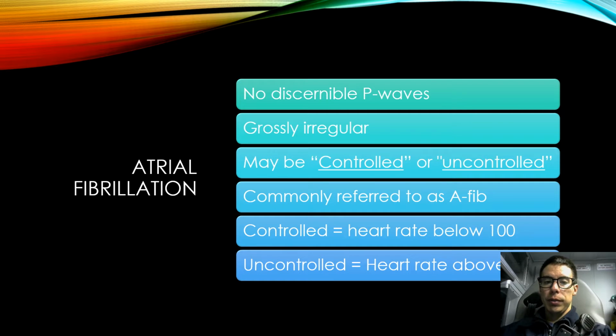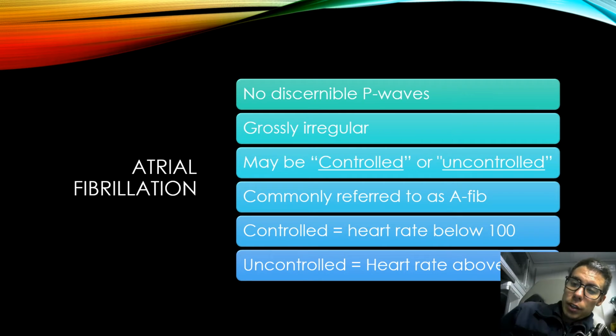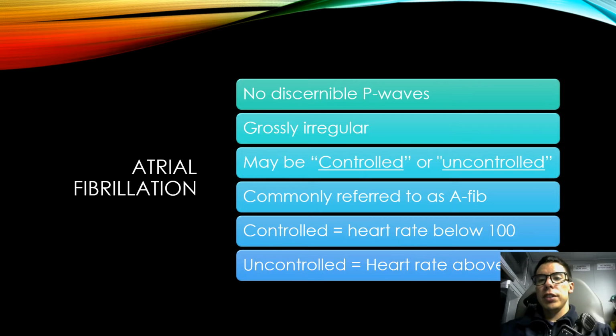So first rhythm we're going to talk about is atrial fibrillation. So the characteristics, or the morphology, the criteria of it is there will be no discernible P waves. It'll be grossly irregular. It can be considered either controlled or uncontrolled. I'm going to actually highlight that.